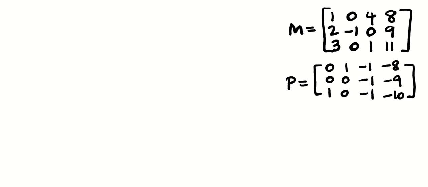Maybe this is a definition. Regardless, the ijth entry of matrix A plus B is going to be equal to the ijth entry of A plus the ijth entry of B. Okay.